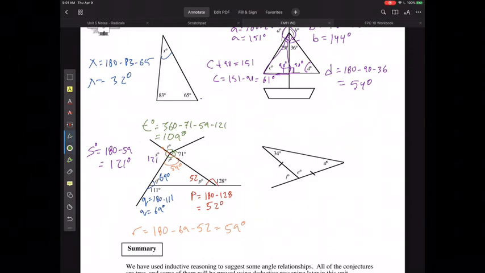And our last example for this lesson, if I'm looking at all these points, here I have an exterior angle. These two make a supplementary angle. And then I can see here that this length and this length are the same, which means that this is an isosceles triangle. The first thing I can do for an isosceles triangle is say that this angle has to be the same as this angle. D is going to equal 34 degrees.